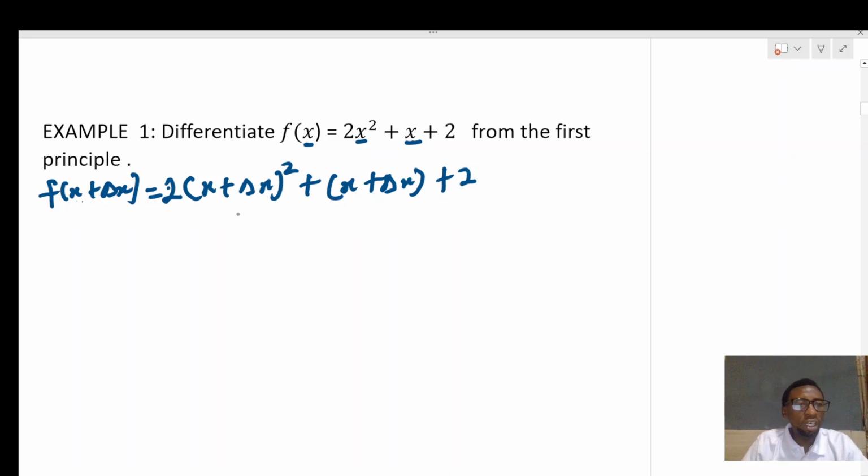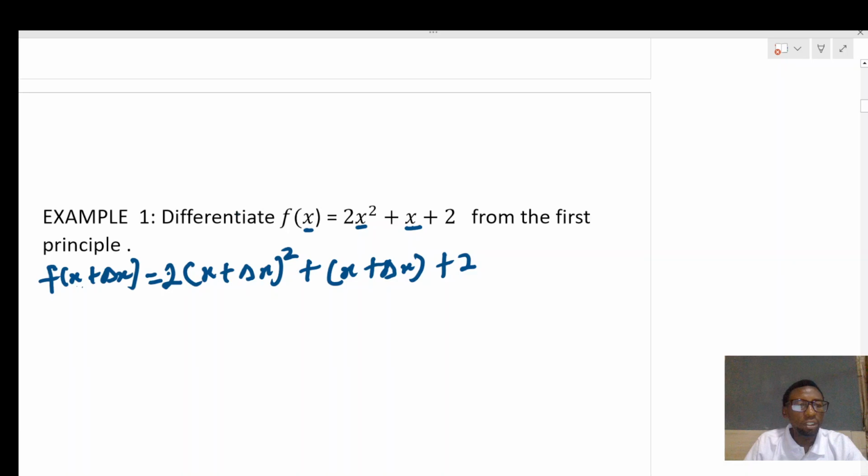So the issue now is that I have to find a way to expand x plus delta x all squared. Let me show you how to expand that. By elementary mathematics, this also means x plus delta x bracket x plus delta x.